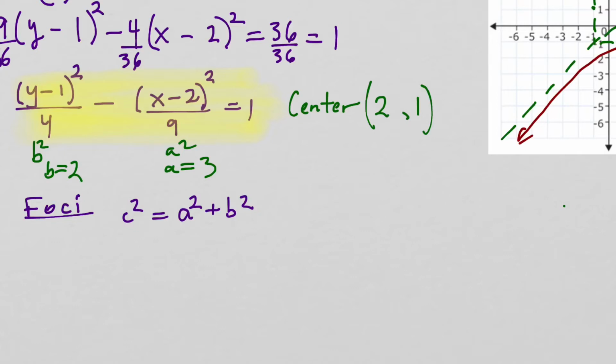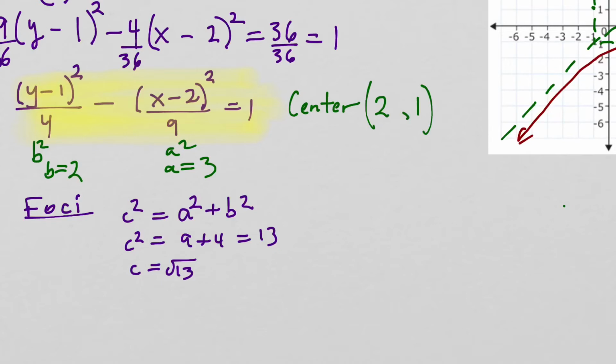I haven't derived these formulas for you, but these are derived from the geometry of the problem. So now I know a squared is 9 and b squared is 4. So I can say that c squared is equal to 9 plus 4. That's 13. So square rooting both sides, c is the square root of 13.